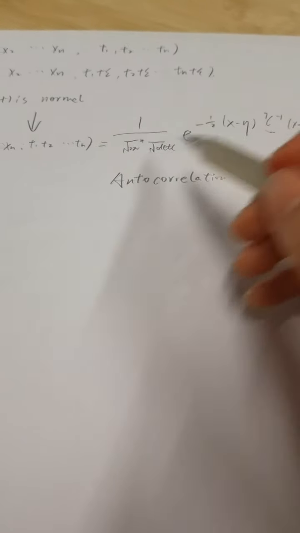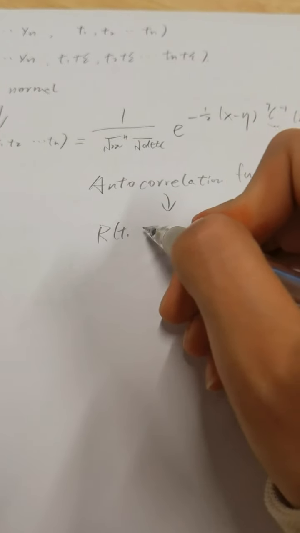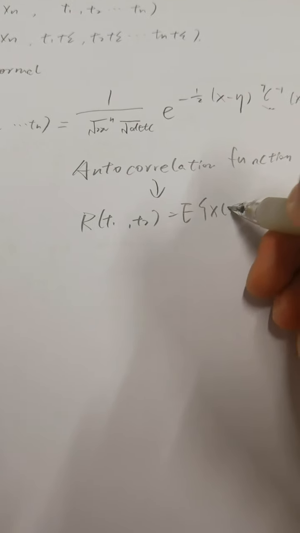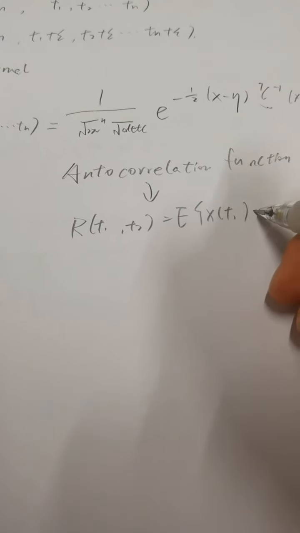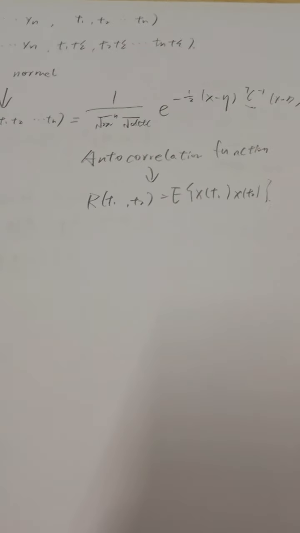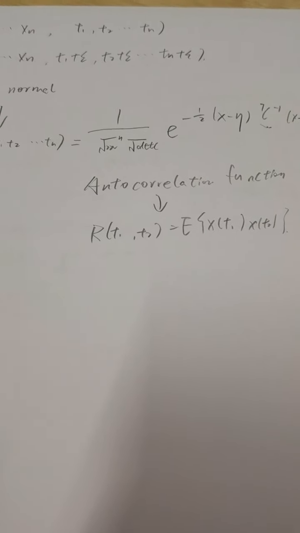Because of this C, the autocorrelation function is R(t1, t2) equal to E[X(t1) X(t2)]. So this is the autocorrelation function, and the autocorrelation function depends on the time difference. So we know C is also a function of time difference.